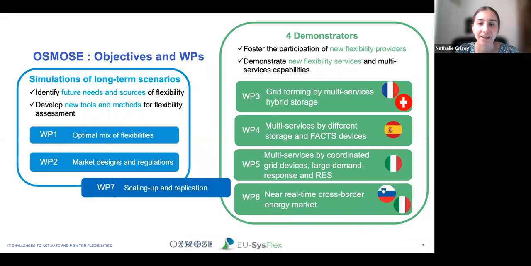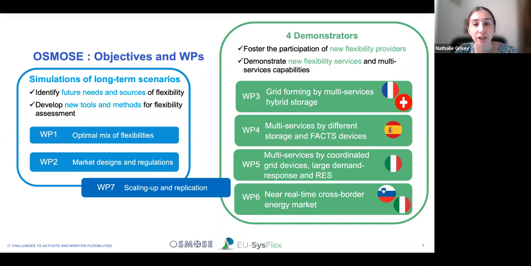Next slide. So the content of our project. First, we have 2 work packages dealing with simulations of long-term scenarios. Here, our target is to identify future needs and sources of flexibility and develop new tools and methods for flexibility assessment.